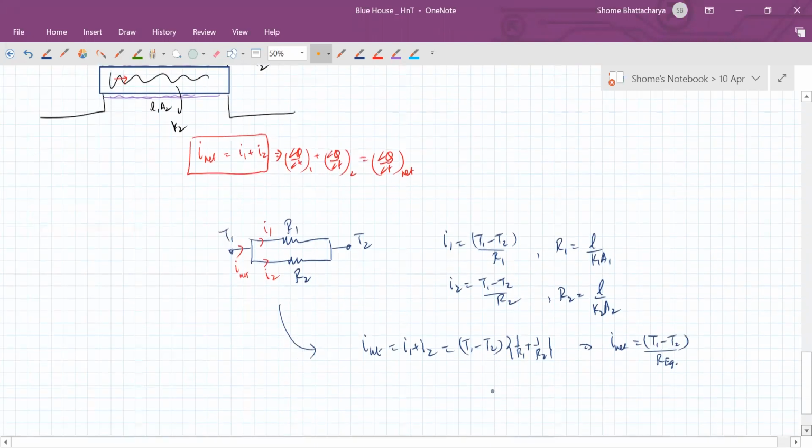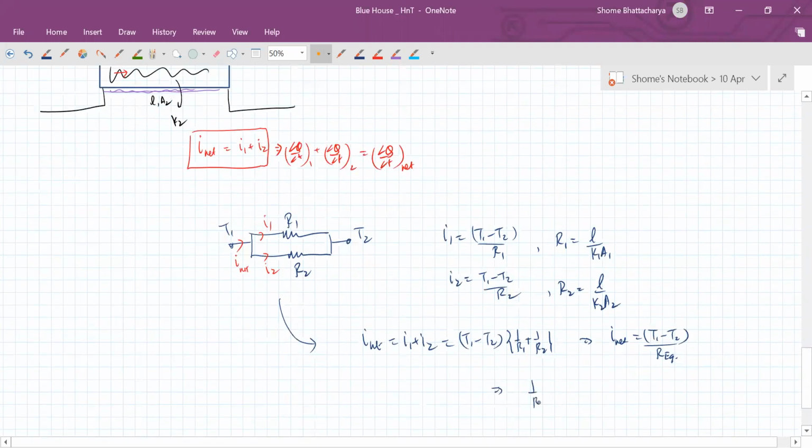So we get the formula which we know from current electricity earlier, that in parallel combination, the reciprocal of the equivalent resistance is the sum of the reciprocals. So 1 by R equivalent is the summation of 1 by R for the resistors in parallel.